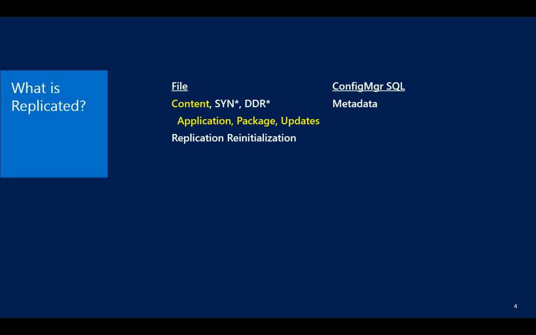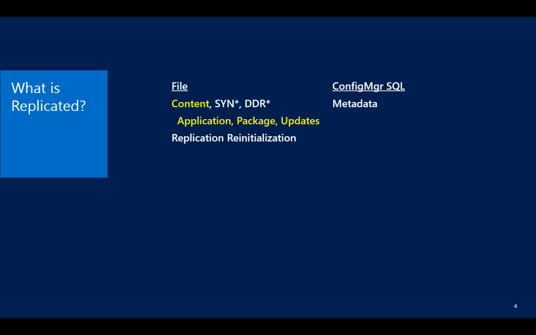So we're not replicating the metadata by file-based replication, but we are replicating the synchronization file by file-based replication. Long explanation just to point out there's other things that go through the system besides actual content files through file-based replication. But again, the vast majority of all of the file-based replication is through content, right? And that's what we'll focus on today.